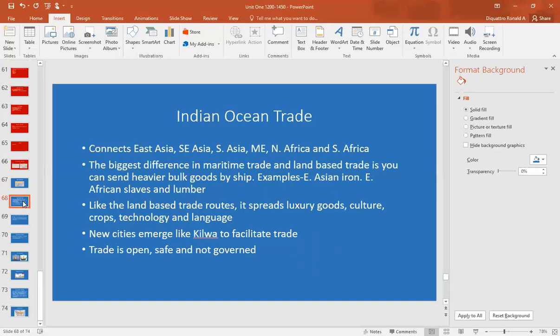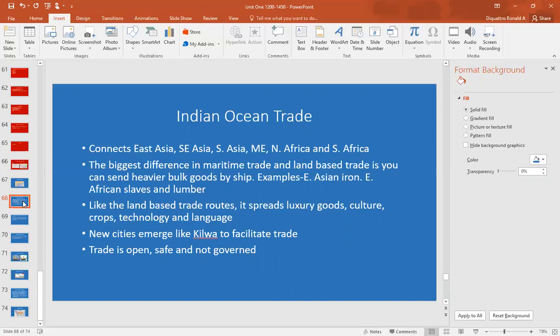However, on top of that, you're going to see heavier bulk goods traded in the Indian Ocean. You can't put a lot of iron on the back of a camel, but you can put a lot of iron in the bows of a ship to trade. So one of the things you're going to see is heavier bulk goods can be traded by ship.